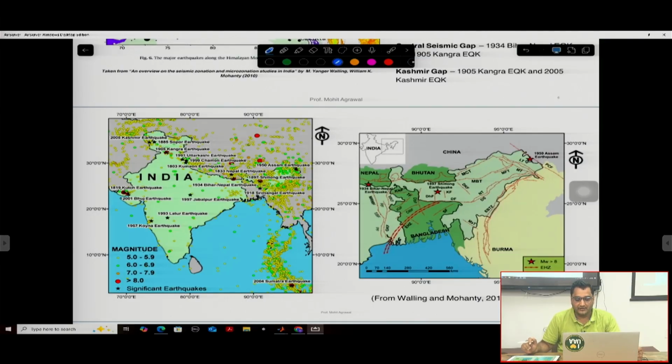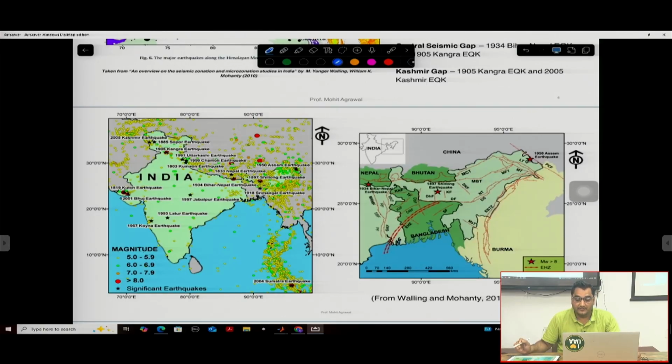In peninsular India, because they do not follow the construction designs, the earthquakes are equally damaging even though their magnitudes are small.